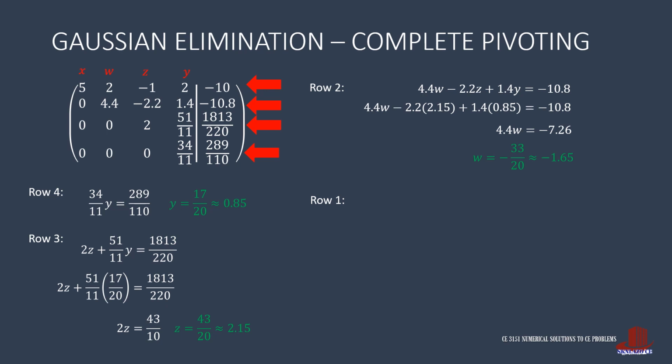Then from the top row, we have 5x plus 2w minus z plus 2y as negative 10. Also place the values of w, z, and y, then simplify to arrive at 5x as equal to negative 6.25, where x is taken as negative 5/4 or negative 1.25.